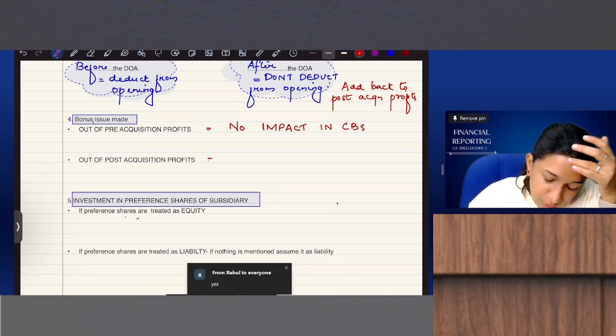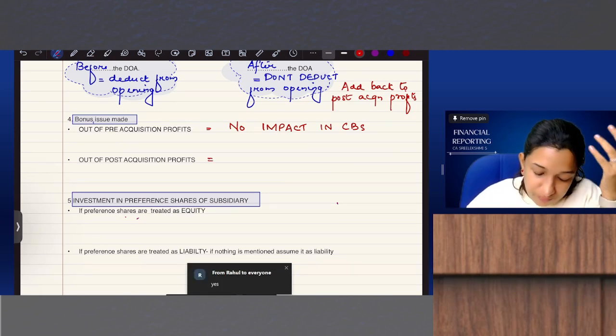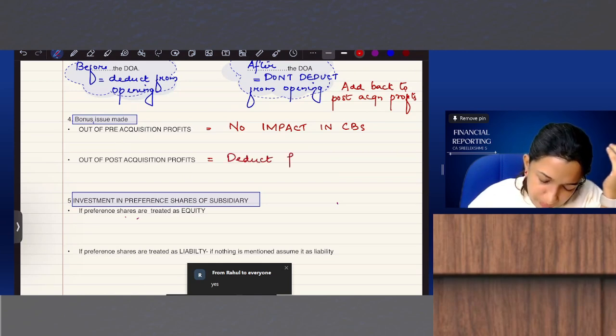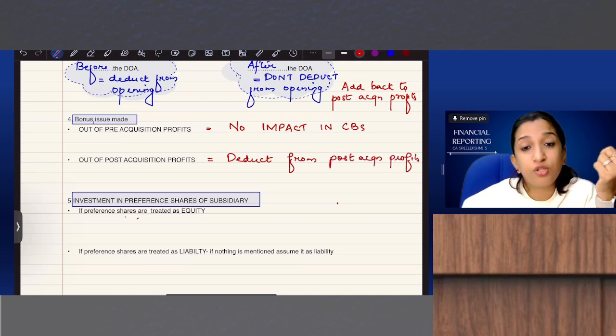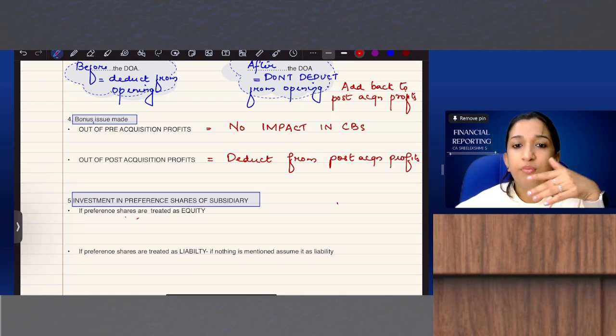If the bonus issue is out of post-acquisition profits, deduct from post-acquisition profits, so post-acquisition profits are reduced and the share capital of the subsidiary will increase. So definitely there will be impact.